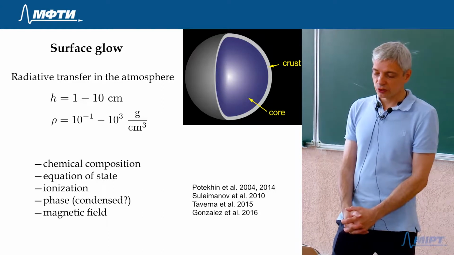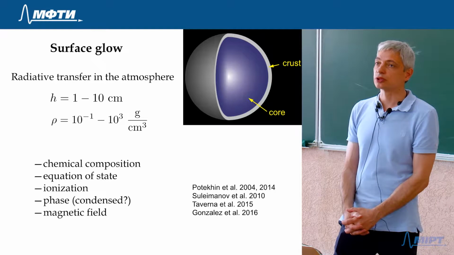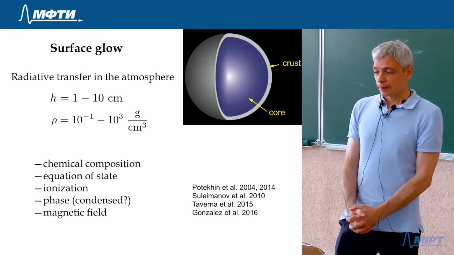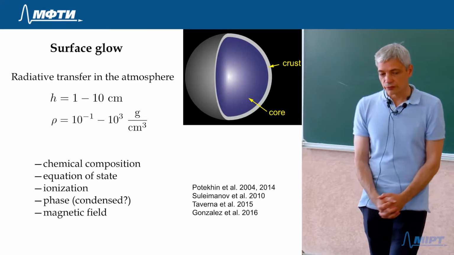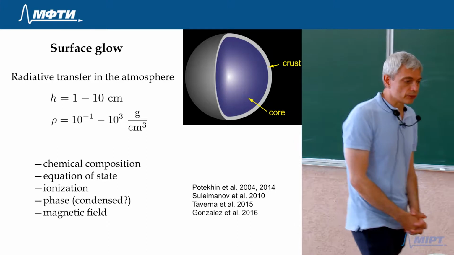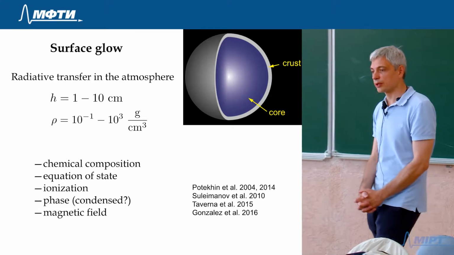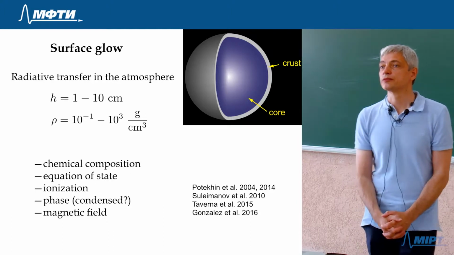So one question you might ask, okay, I mentioned black body emission. Do you really expect black body emission from these stars? You could imagine that if you measure the spectrum carefully, maybe the deviation from black body would be a way to measure the magnetic field on the surface.